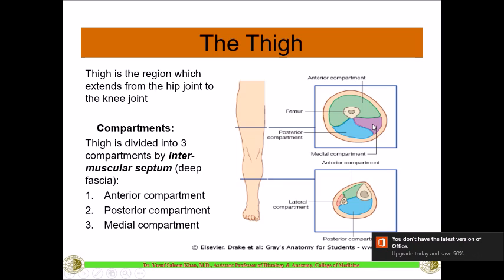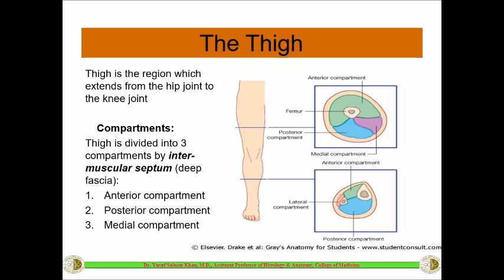Always when you study the upper limb as well as the lower limb, you should keep on comparing the upper limb with the lower limb. The thigh is related to the arm, and in the arm also there are three compartments: an anterior compartment, which is called the flexor compartment, and a posterior compartment.